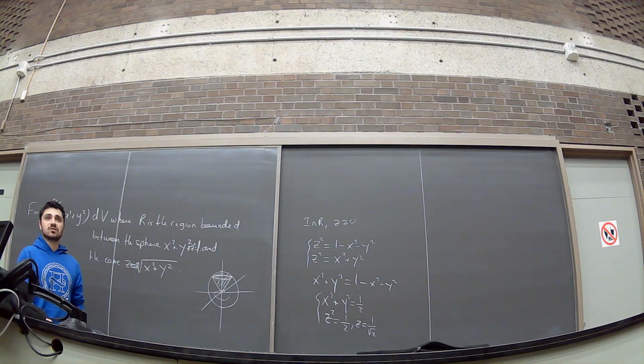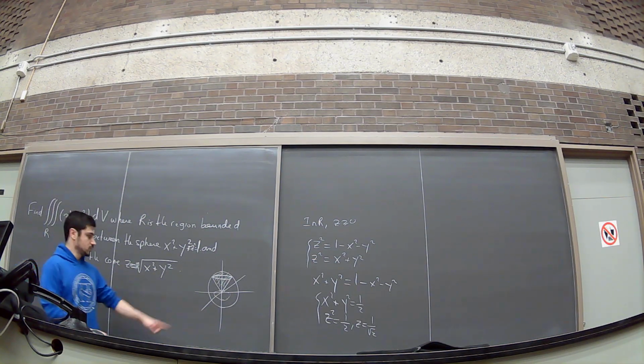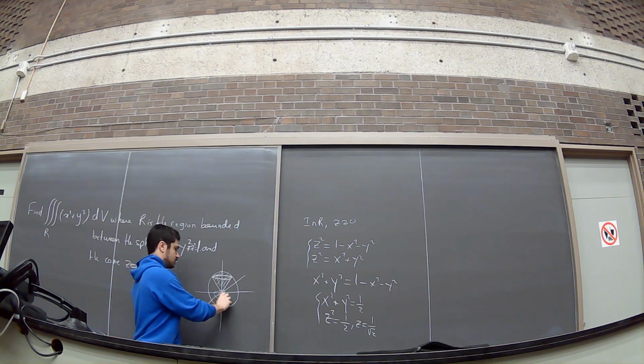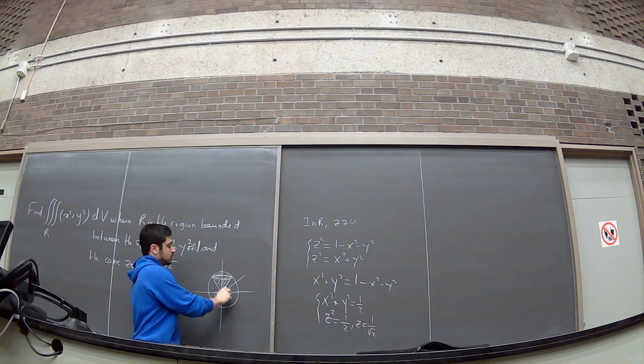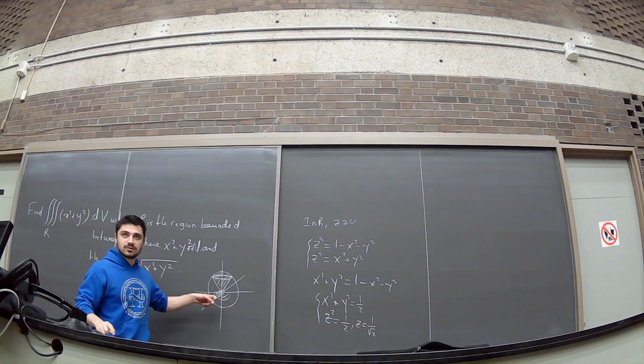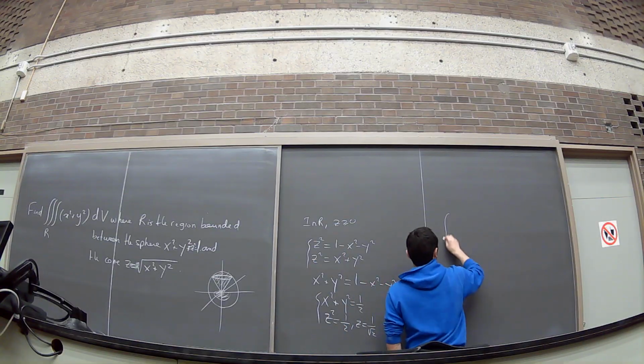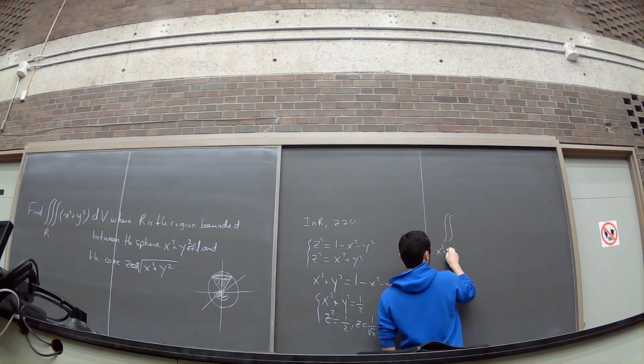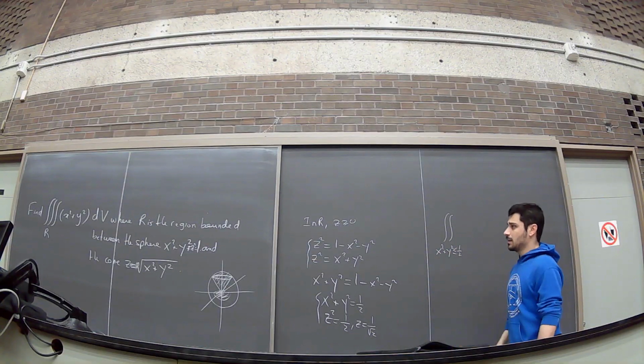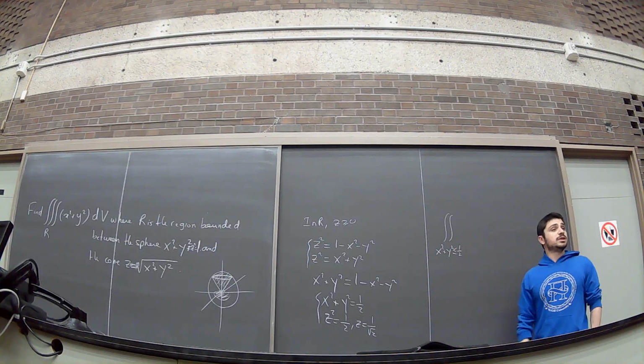And over what region am I integrating? Over the xy plane. So in this region, the sphere is bigger than the cone, right? You see that? And where does Z range?